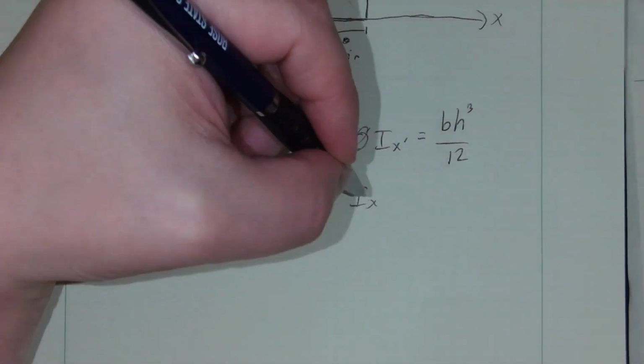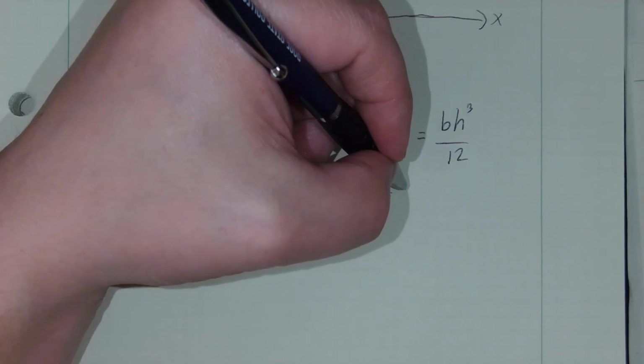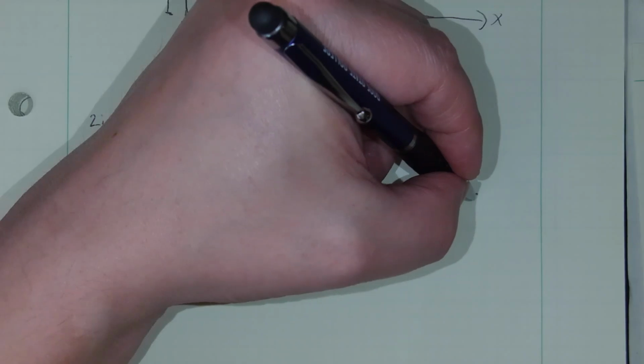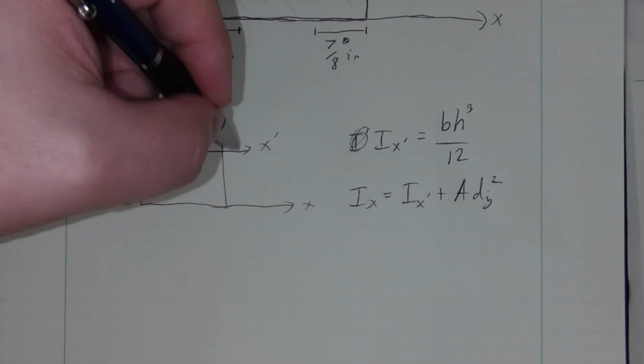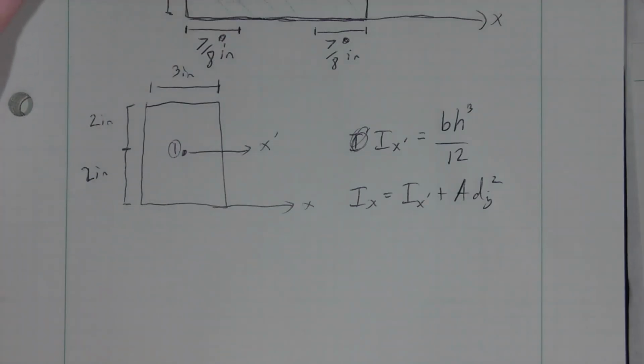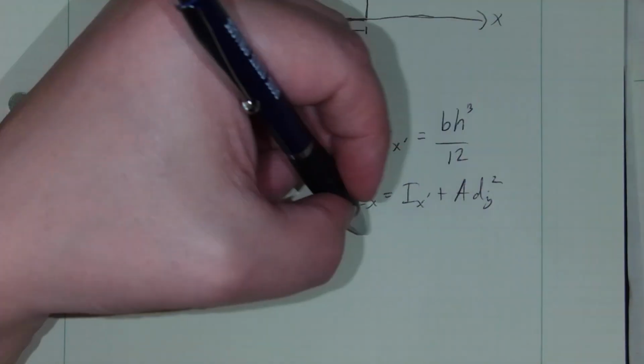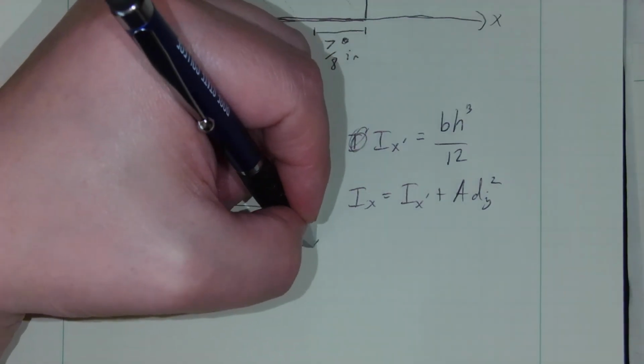I want to know the moment of inertia about this x-axis. So it's going to be the moment of inertia about its own centroidal axis plus A d sub y squared. Well, this distance here is 2 inches. So that should be easy enough to calculate.